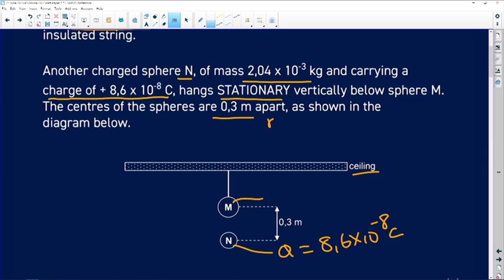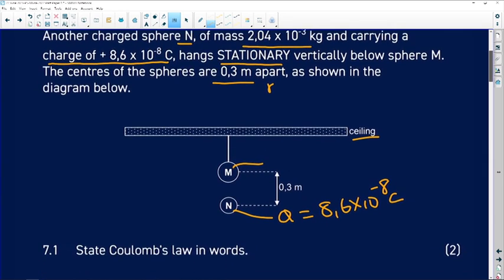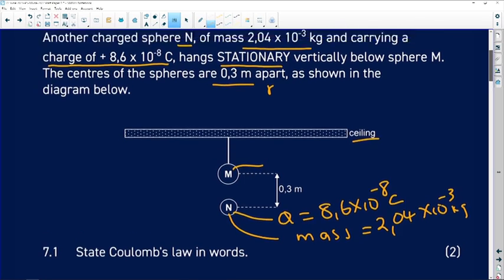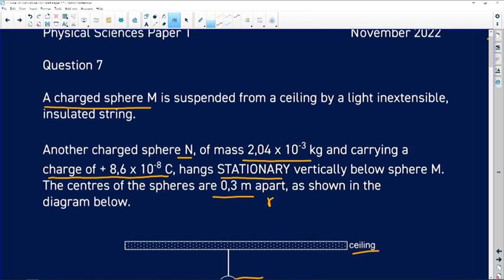Sphere N also has a mass, which is 2,04 times 10 to the power negative 3 kilograms. Let us verify again that nothing was given on M.